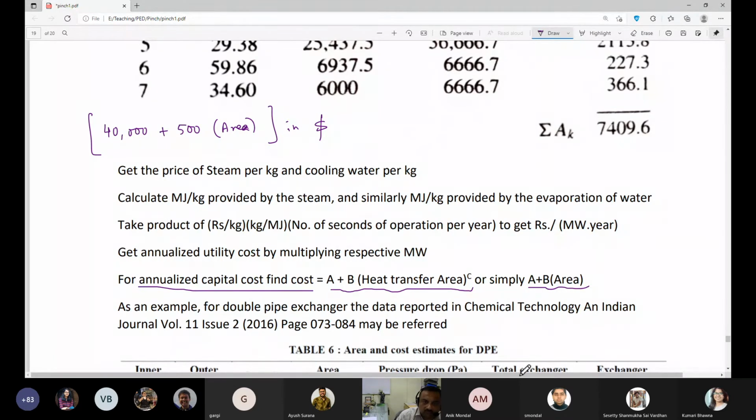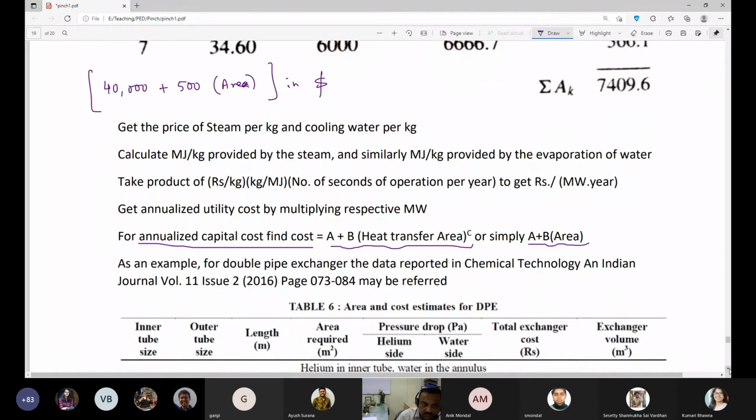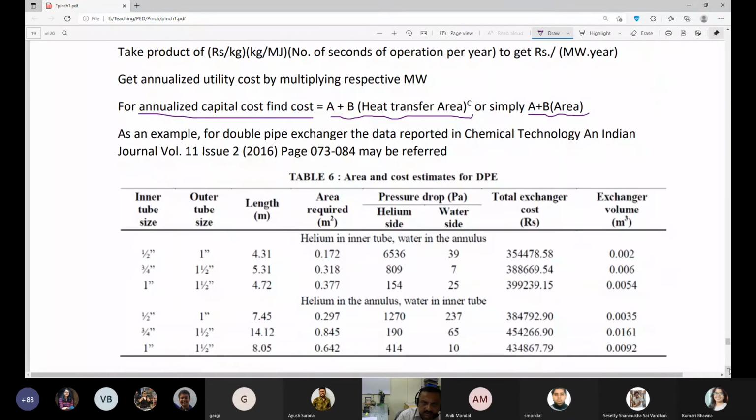Now I was trying to find out what these numbers would be in Indian rupees, and in fact it would be your responsibility to do a thorough search and find it. For example, I just gave a search and immediately this one popped up, a paper where for a double pipe heat exchanger the area versus total exchanger cost is given, and you can see as the area increases the cost is increasing.